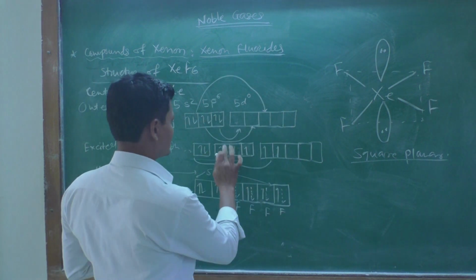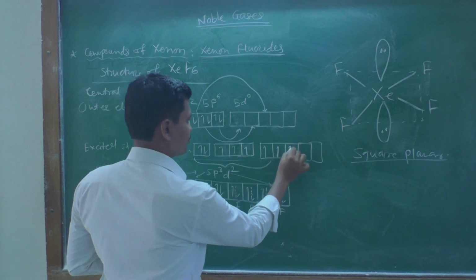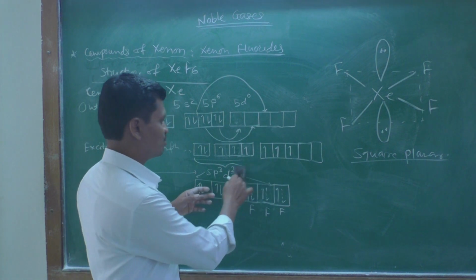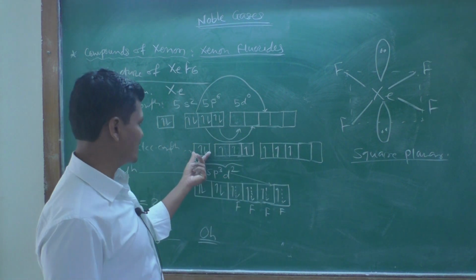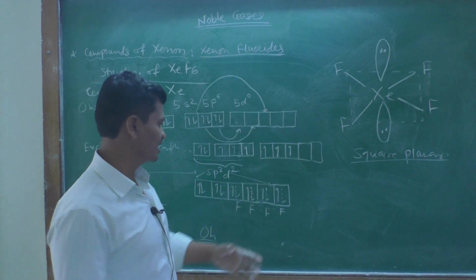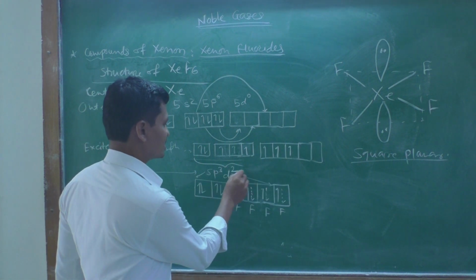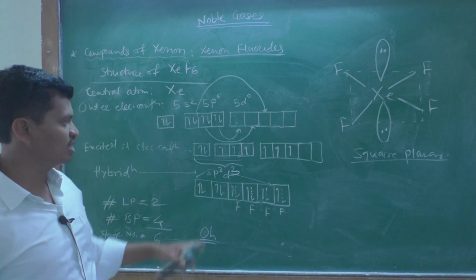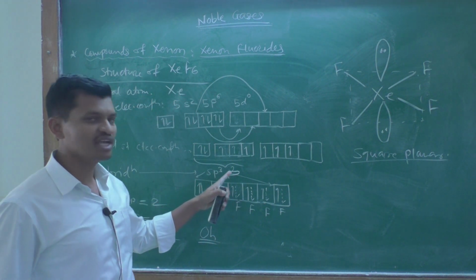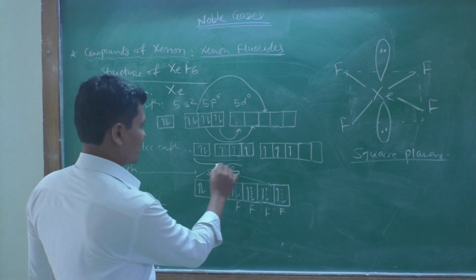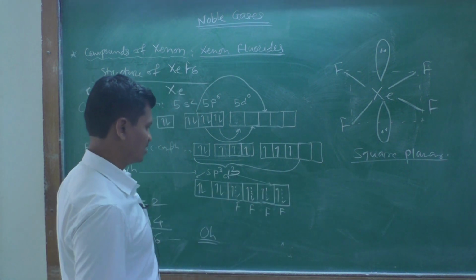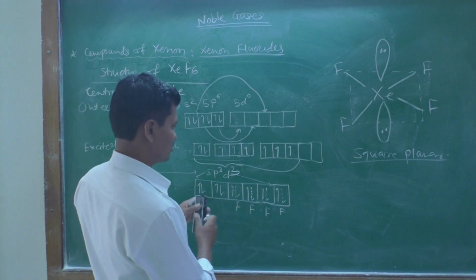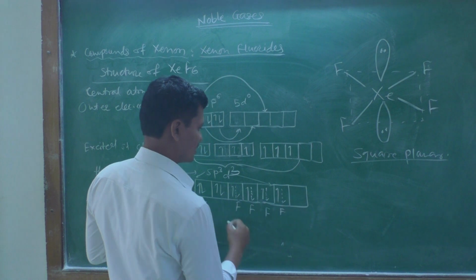So one s, three p and three d orbitals undergo hybridization, that's why sp3d3 hybridization. The central xenon atom in XeF6 undergoes sp3d3 hybridization, and here we have to add one more orbital.